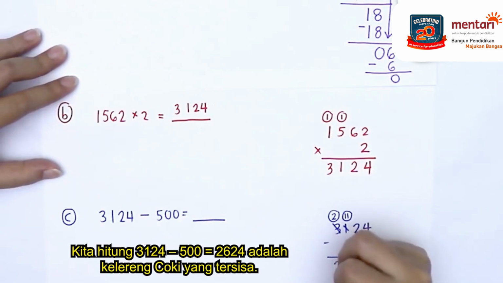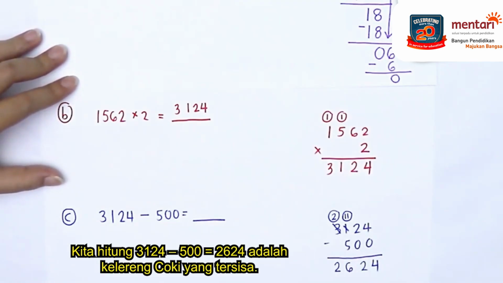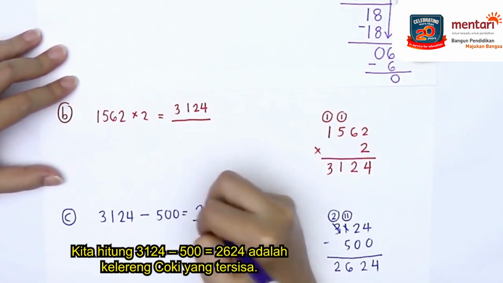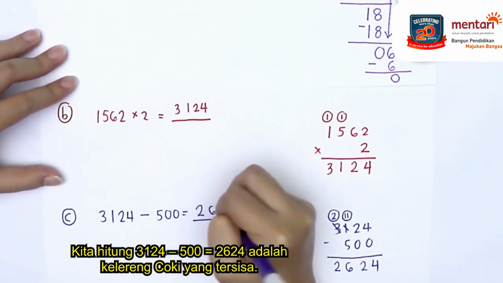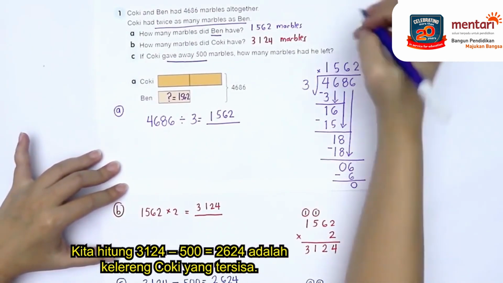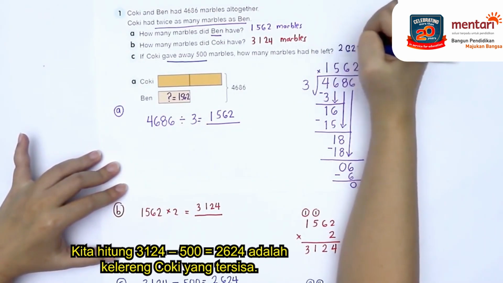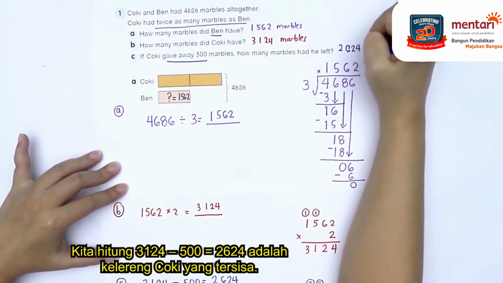And 2 thousands will still be 2. Therefore, 3,124 minus 500 is 2,624. So, Koki has 2,624 marbles left.